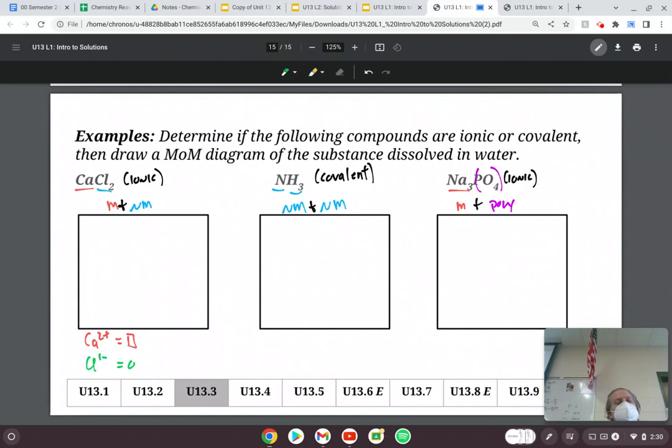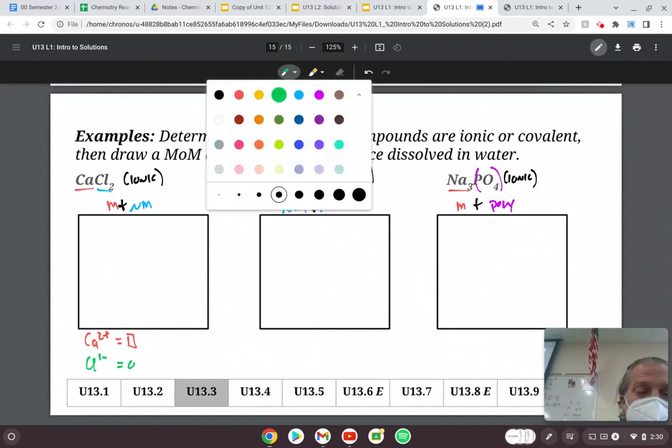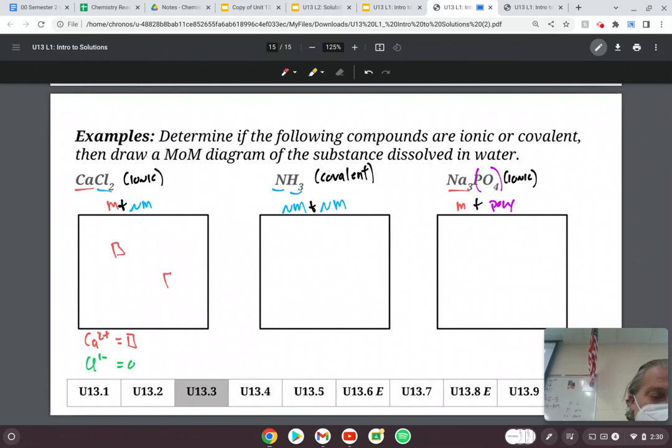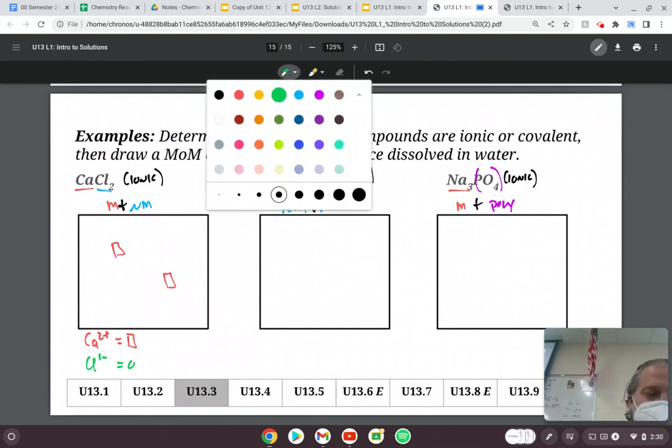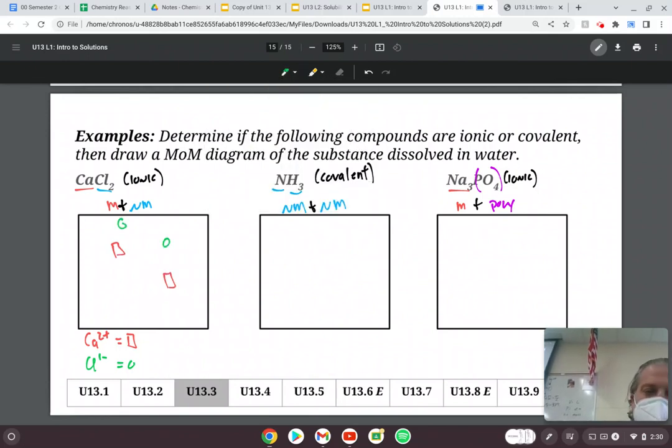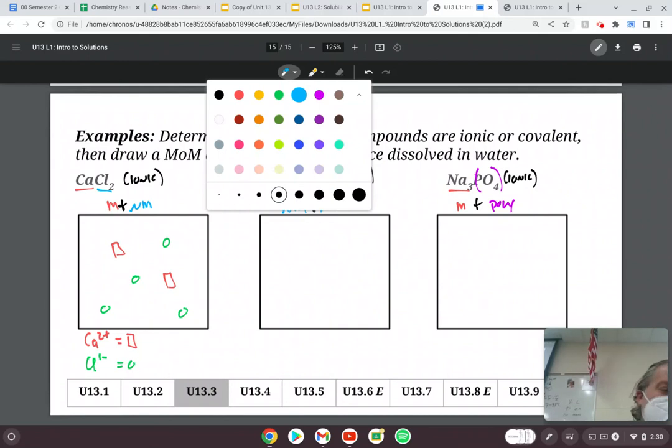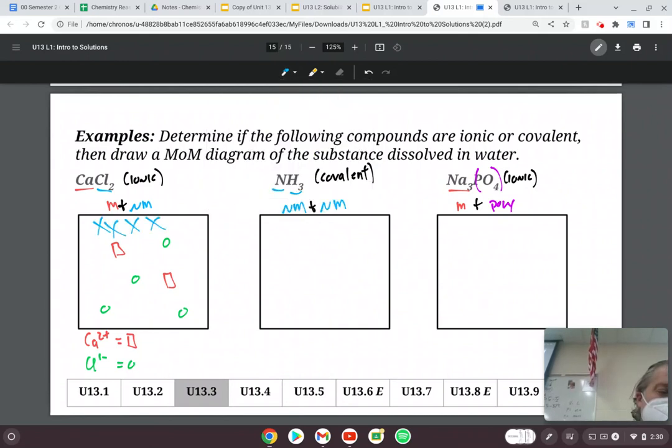Now the ratio here is 1 calcium for every 2 chlorines, so I need to draw it as such. So I'm going to draw, like, say, 2 calciums. Something like this.